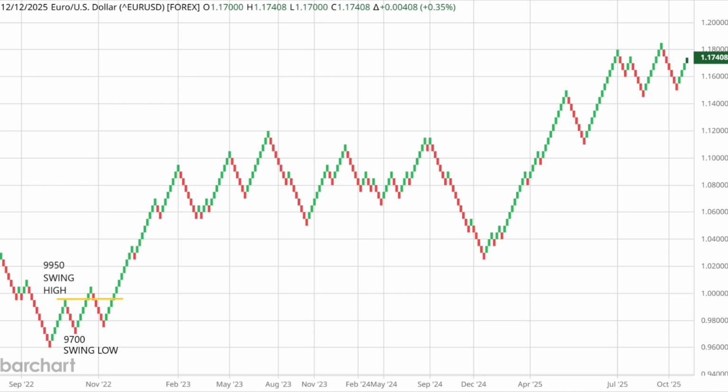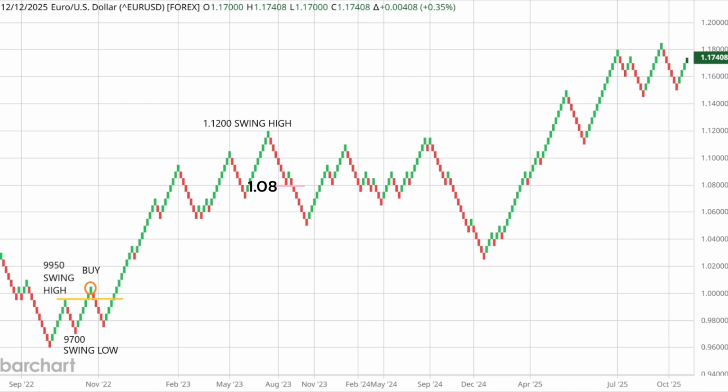That becomes our entry. Price briefly pulls back, but it does not close below the swing low. Instead, it forms a higher low and continues upward. This trend runs all the way up to around 1.12. Price then pulls back to 1.08. That is still higher than the previous low near 1.07, so we remain in the trade.